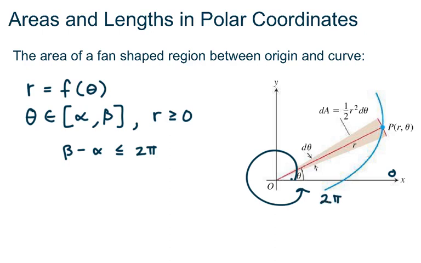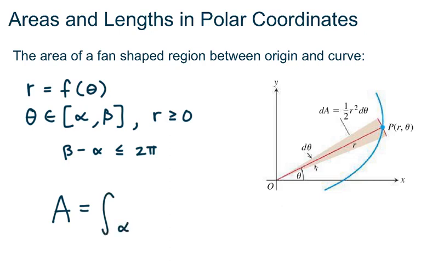For multiple rotations, you would need to find that one rotation and then add up the pieces or percentages of the additional space. And so we know that the area can be calculated. This is our formula. Area is the integral from alpha to beta of 1/2 r squared d theta.